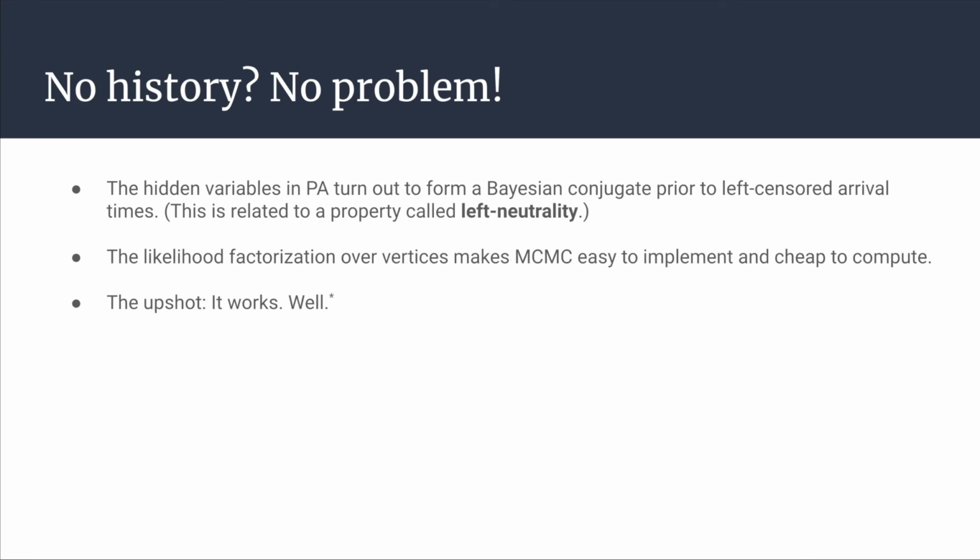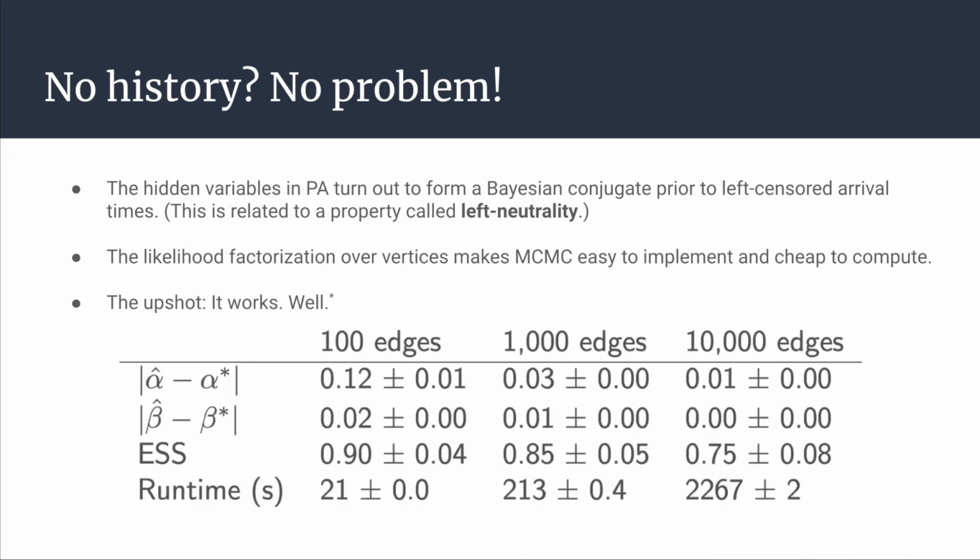Okay, so the likelihood factorization over vertices that results from left neutrality makes Markov chain Monte Carlo easy to implement and cheap to compute. Okay, so there's a lot that I'm sweeping under the rug here, but the upshot is that it works, and it works quite well, with the caveat that it works quite well up to about 100,000 edges.